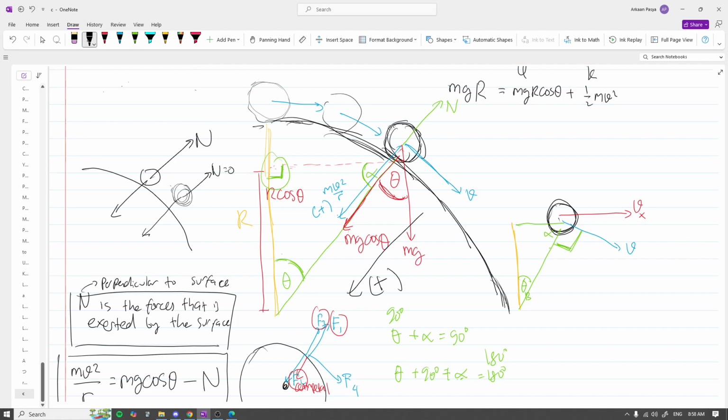A straight line is 180 degrees, so alpha plus 90 degrees plus something is equal to 180 degrees, and we know the something is theta, so this angle is theta. So this line is adjacent to theta from v, so this horizontal component is v cosine theta, or to be specific, cosine theta b.